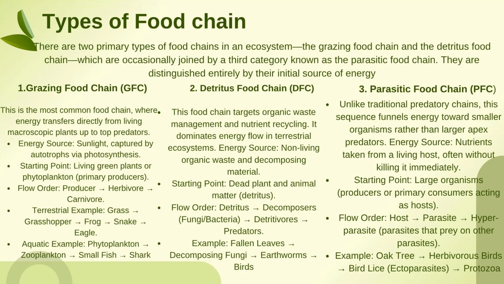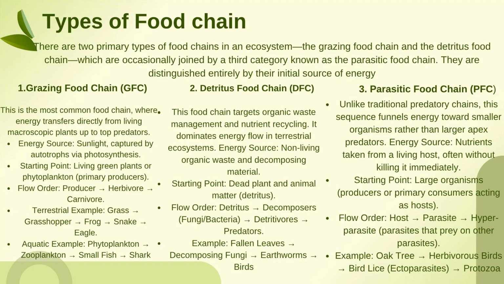Next comes the detritus food chain. The food chain which targets organic waste management and nutrient recycling. It dominates the flow of energy in terrestrial ecosystems. So here in this detritus food chain, the nutrient recycling will happen.